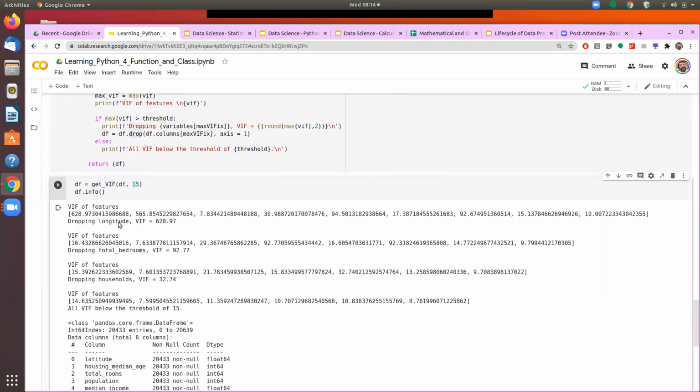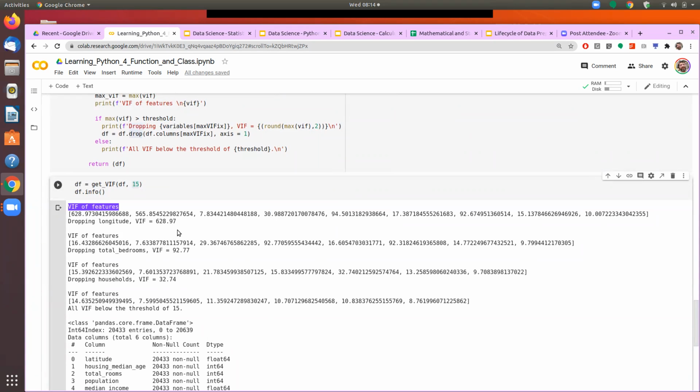You see here, it is giving you the input and output. In the first iteration, it shows you the VIF of the features: 628, 565, and then other numbers. And then it says that it is dropping longitude, which has a VIF of 628.97.